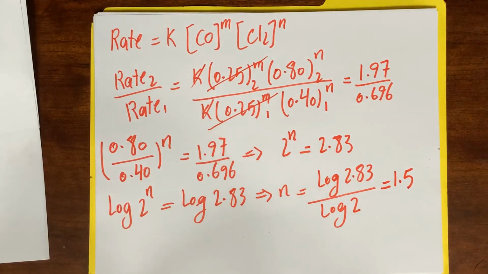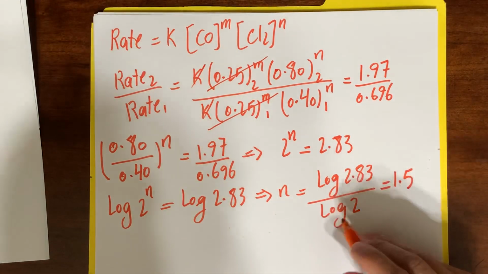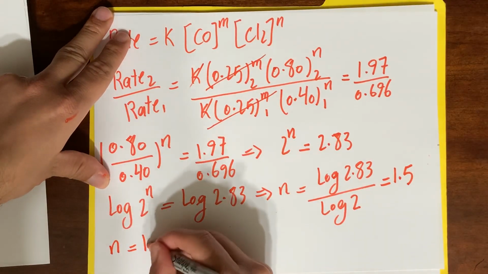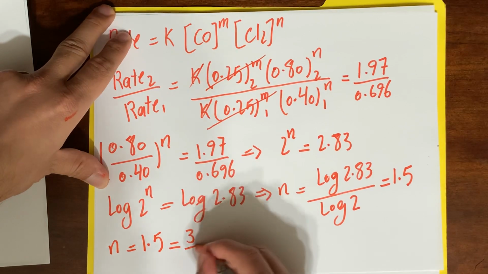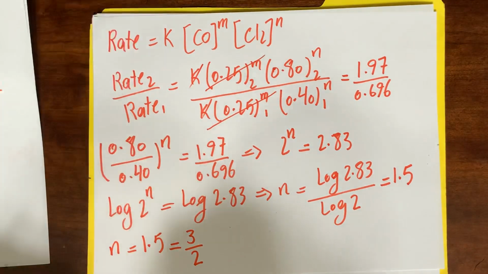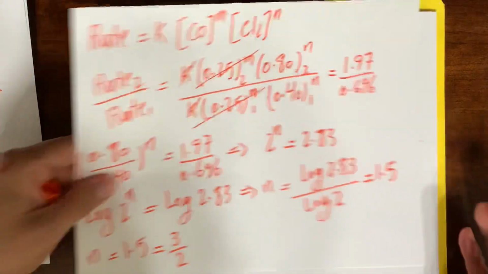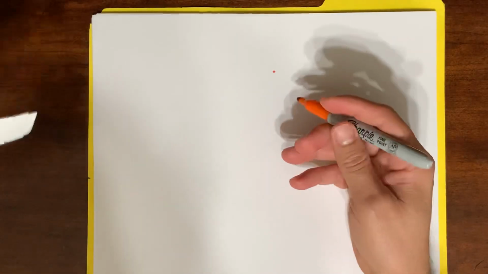Cool. So N is equal to 1.5, which is equal to 3/2. Okay, 1.5 or 3/2, it doesn't matter how you write it. Next one, I want to get M.